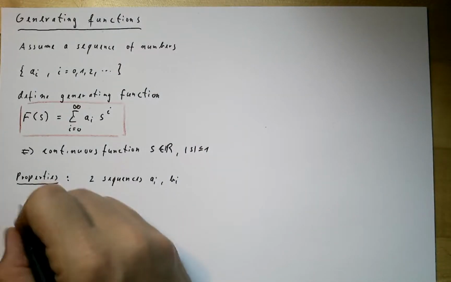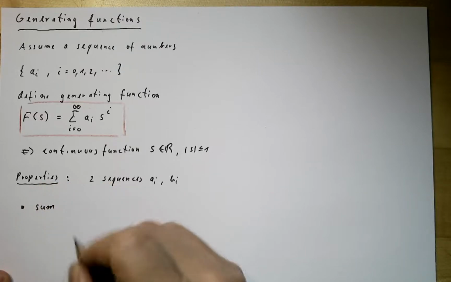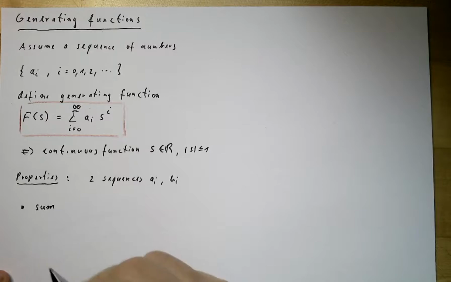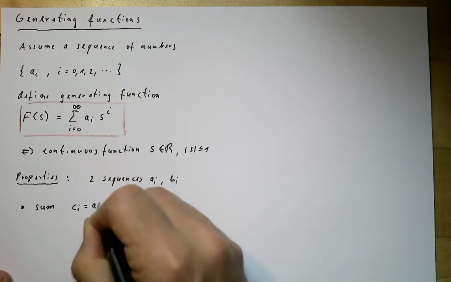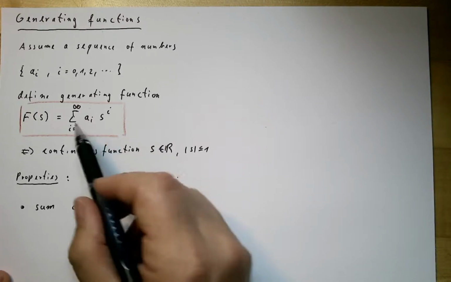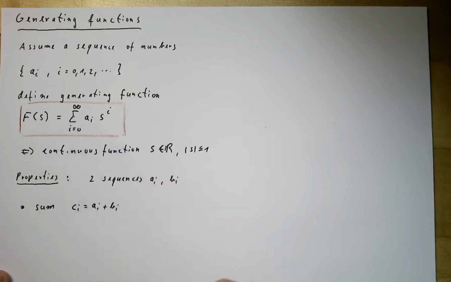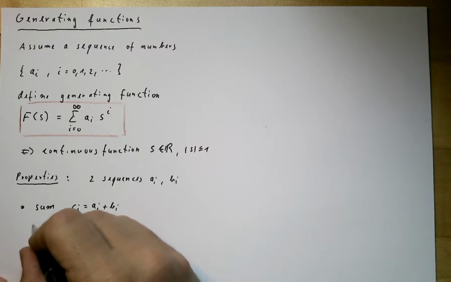Now we can look at what the sum is. The sum is again a sequence, defined as just the sum of the elements of the sequences. So when you have two sequences, you can generate a new sequence by summing the elements. Since this is a linear operation, you can directly see the sum has a generating function.